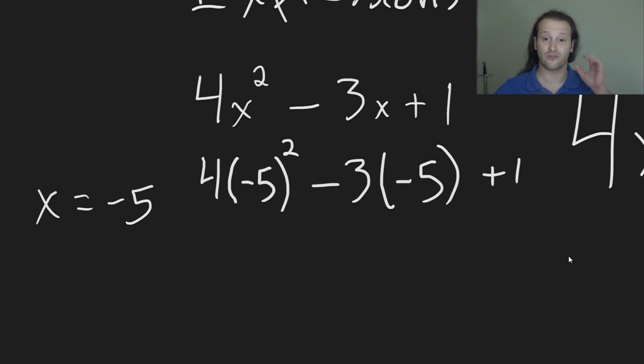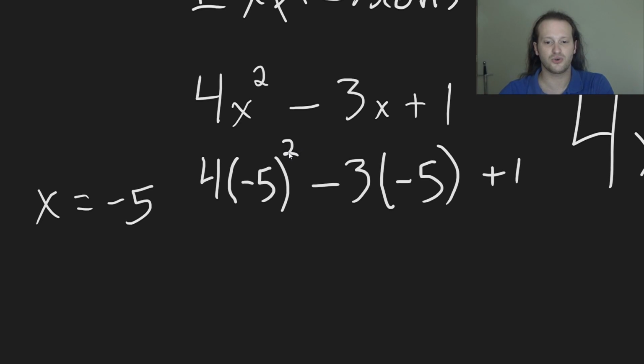Then we do order of operations to clean this up. Even though there are parentheses, we've done everything we can inside of them, so we just go straight to exponents, which is just this square here.